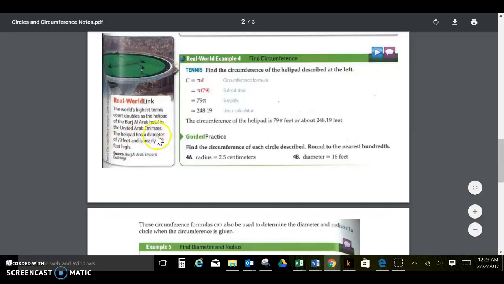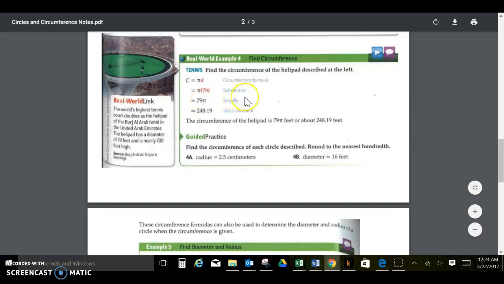The helipad has a diameter of 79 feet and is nearly 700 feet high. All right, so important information. We don't care about how high it is, but we know that the diameter is 79 feet. So if we were to use circumference equals pi times the diameter, we would go pi times 79. So the answer would be 79 pi.